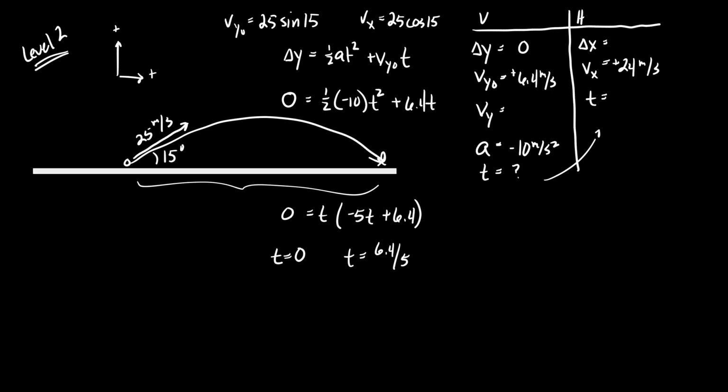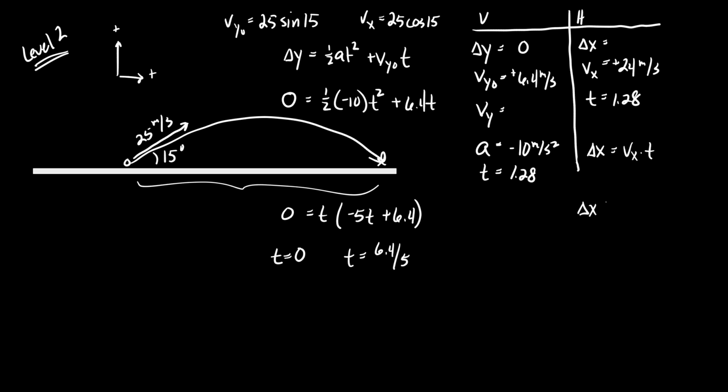So once we know that, I get approximately 1.28 for my time. So that's 1.28 here, 1.28 there. Again, almost every one of these problems has you solving for the time on one part and using it on the other. So now delta x equals Vx times t.